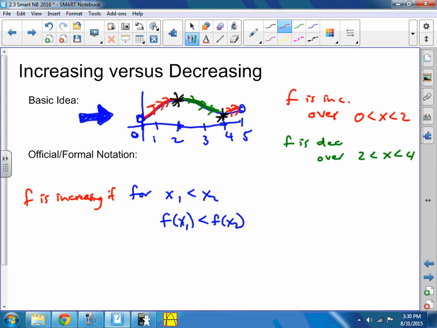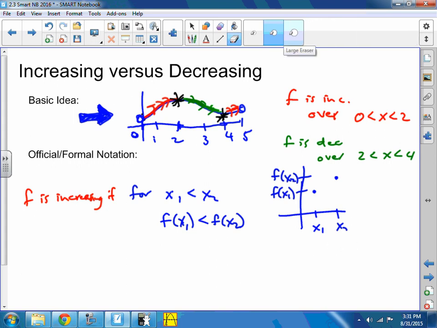So here's what's going on. Here's what it means. You have two points, x1 and its y coordinate, f of x1, and you have another point, x2, and its y coordinate, f of x2. As long as x1 is the smaller number, so let's say this is 2 and this is 3, the graph will look like it's rising if its y value is the smaller y value.